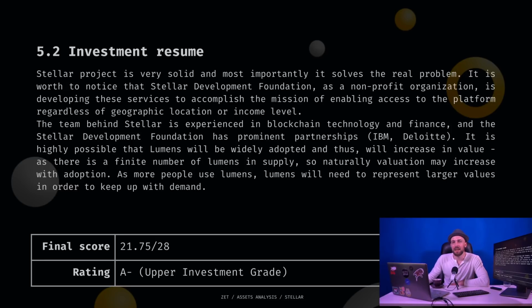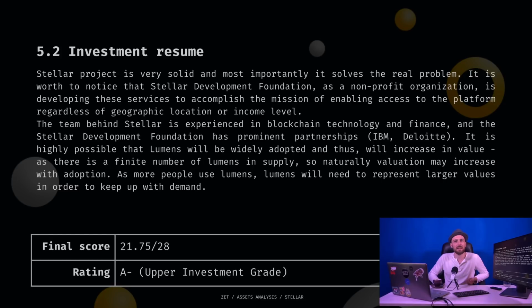So we see that there is a direct connection between Stellar technology popularization and value appreciation in the market. The more the technology is used, the higher the value of the native token. We see a pretty solid team, pretty solid technology and approach.